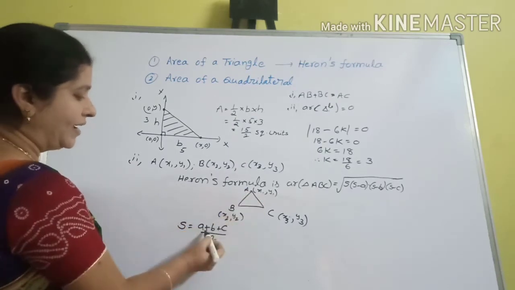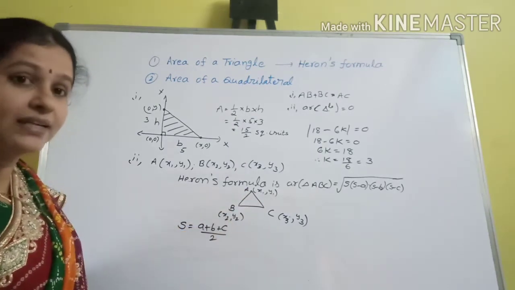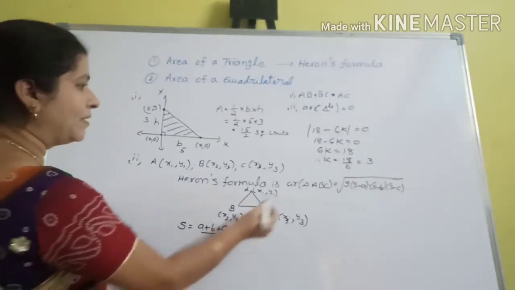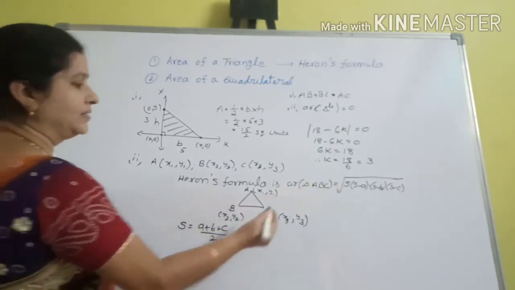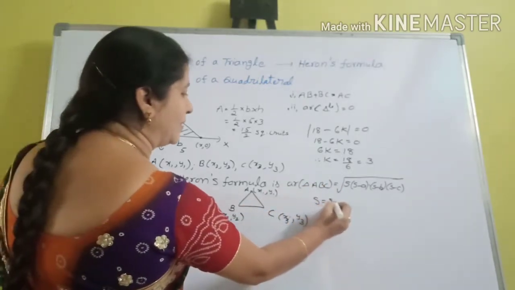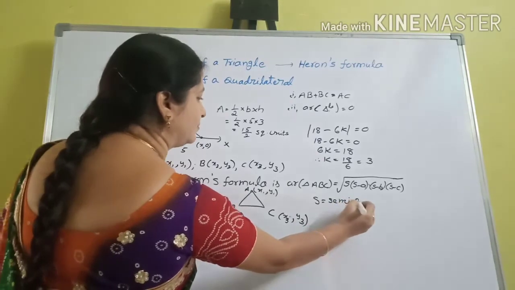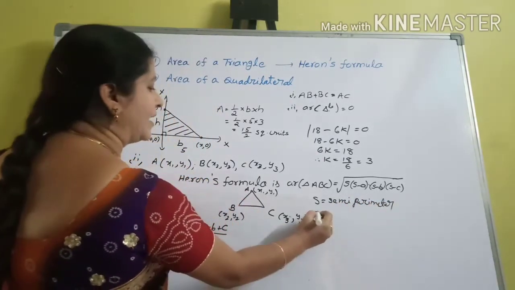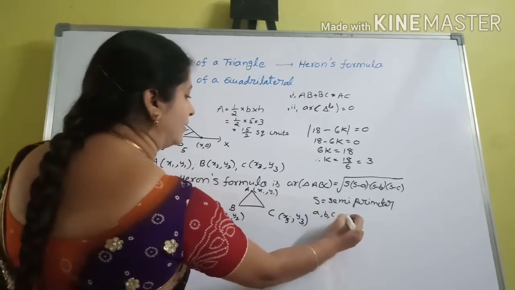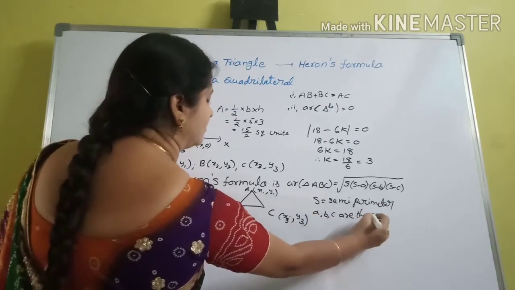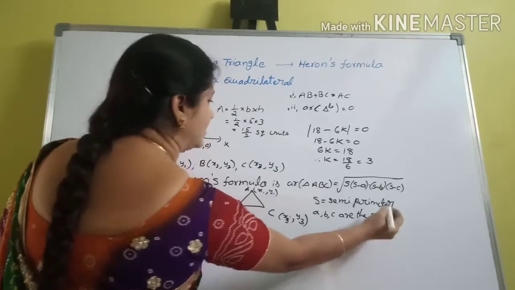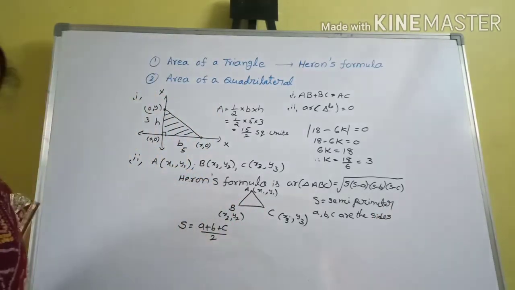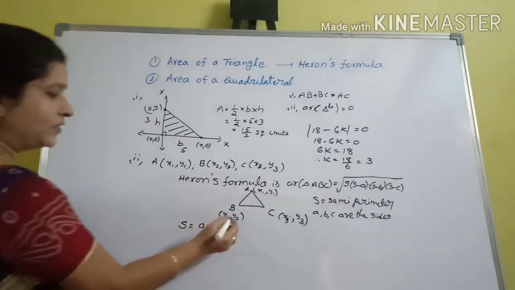Here a, b, c are the sides of the triangle. S equal to semi-perimeter. Sides means the length of the sides.